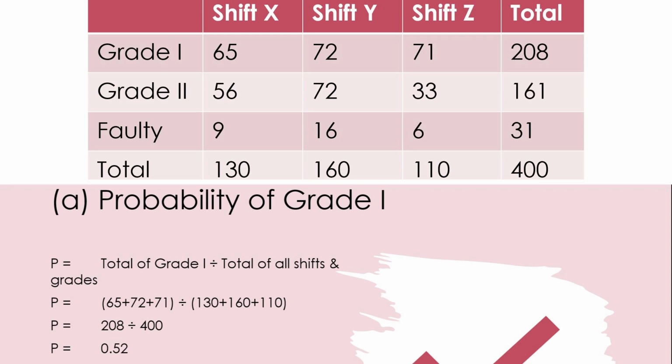When we add these up, we find 208 for the total of grade 1 and 400 for the total of all shifts and grades. When you divide 208 by 400, we get the probability of 0.52, or there is a 52% chance that if an item is randomly picked from the day's production, it would be a grade 1 item.